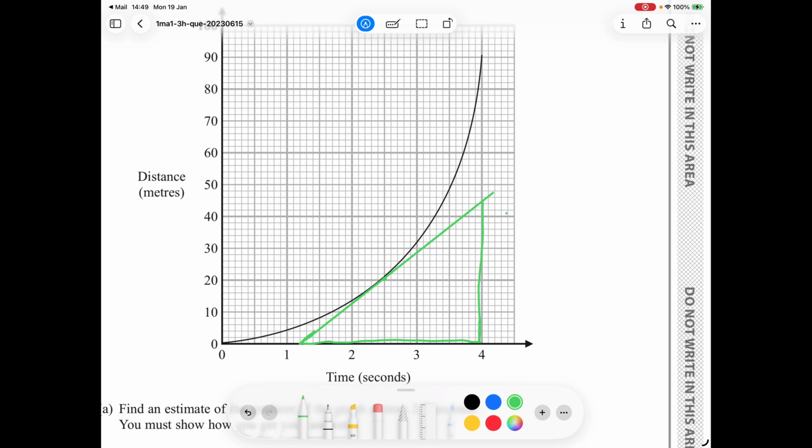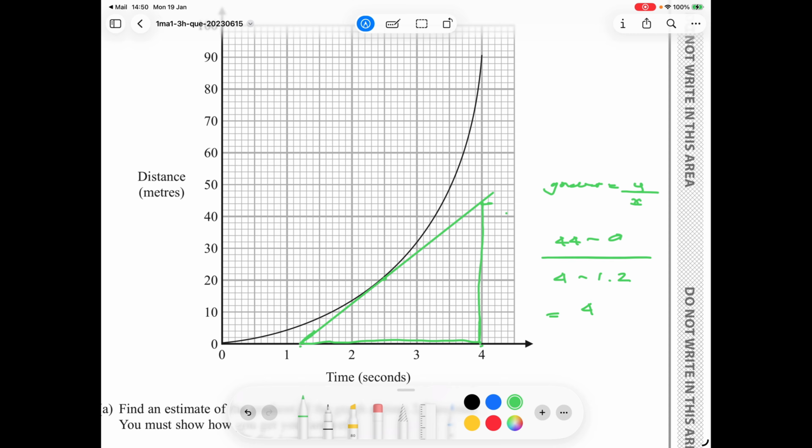And so we know that gradient equals difference in y over difference in x. So let's say that this is 44. So 44 minus 0 over 4 minus 1.2.